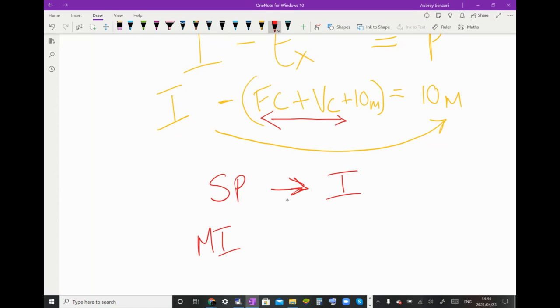We use that to divide our total fixed costs. The reason why we only use marginal income is because marginal income, I'm just going to write the formula here, is your selling price minus your variable cost per unit. Let me do it in green.